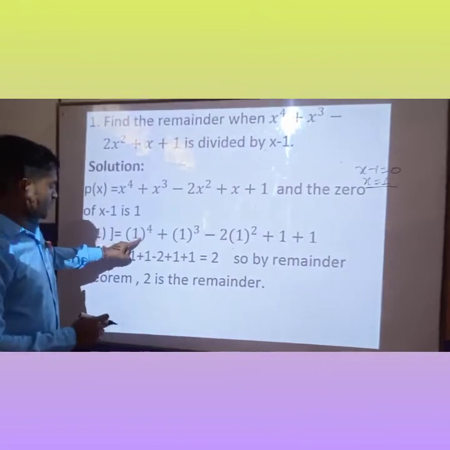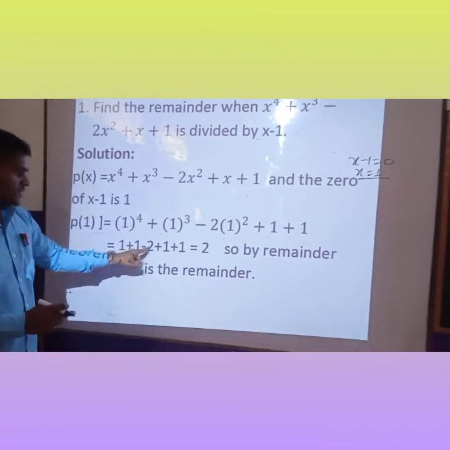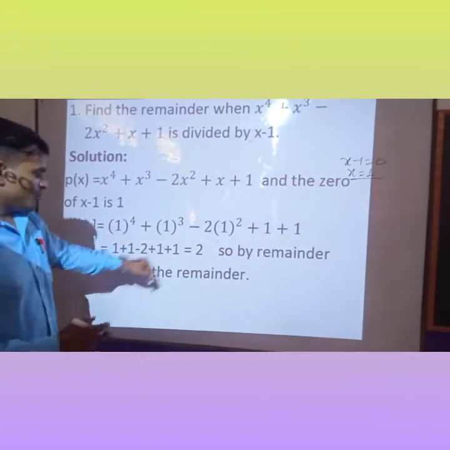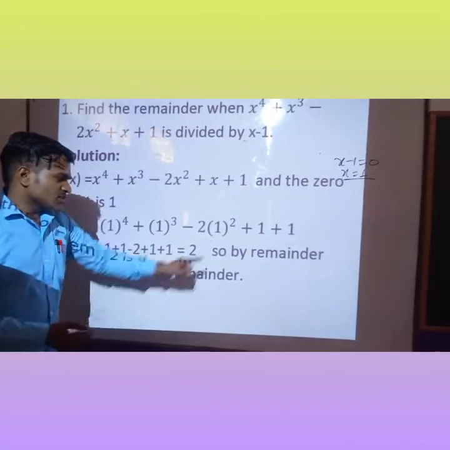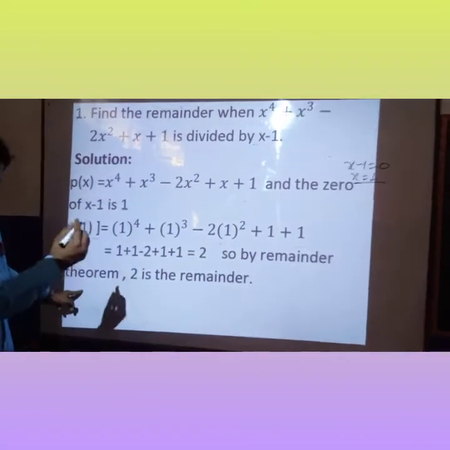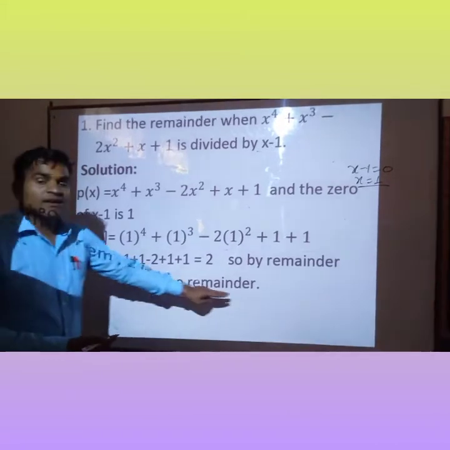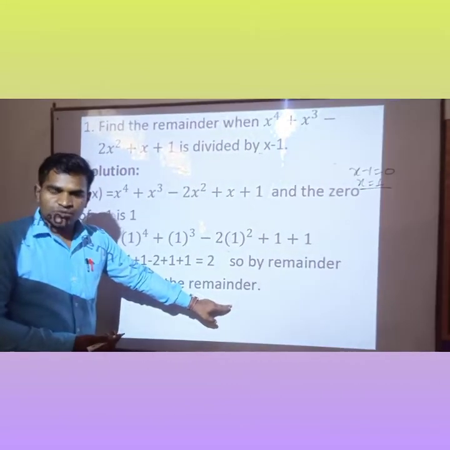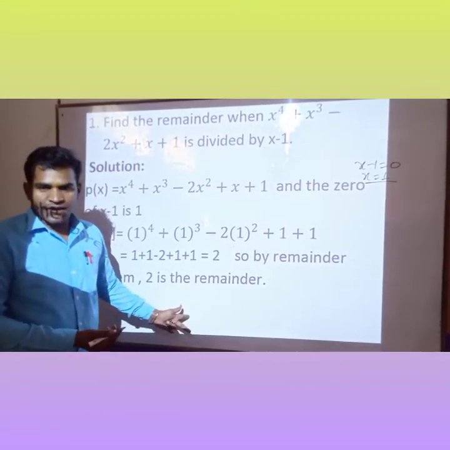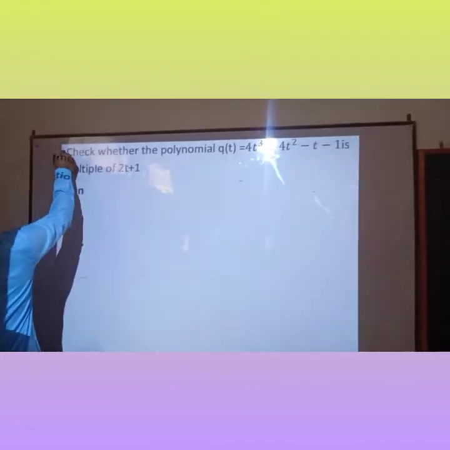So 1 plus 1 minus 2 plus 1 plus 1 gives 2. By the remainder theorem, 2 is the remainder. Understood? Second question is there.